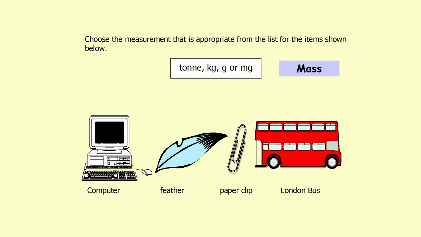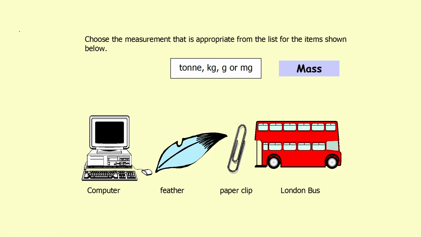Okay, so for question 3, same sort of thing. So I want you to carry on. Whoops, don't know what happened there. Got our question 3 here. First one is a computer. That's 3A, 3B, feather, as light as a feather. 3C, paperclip, and 3D.